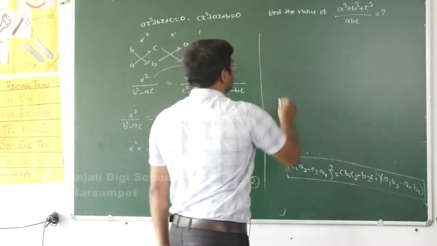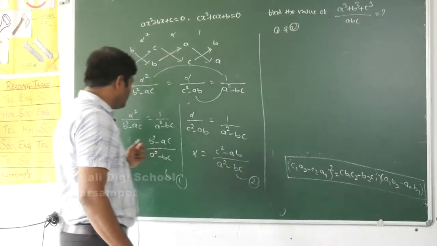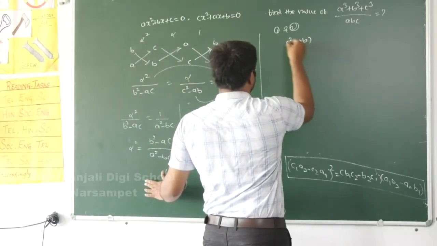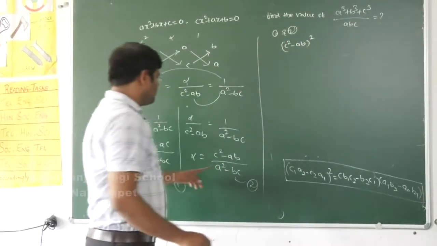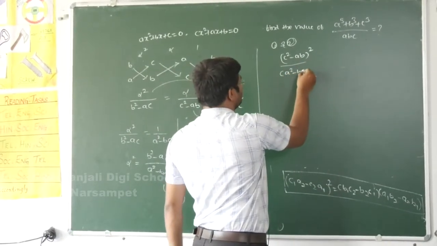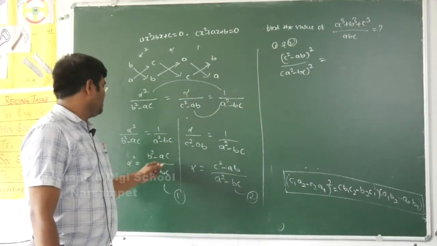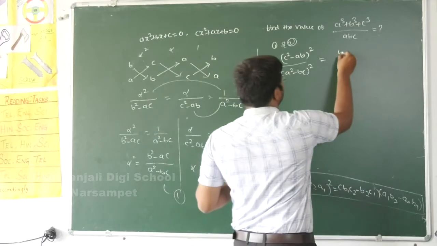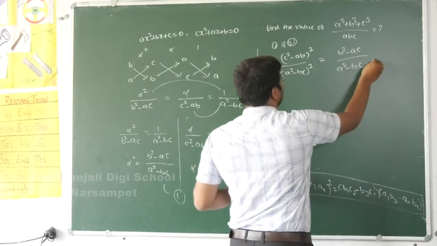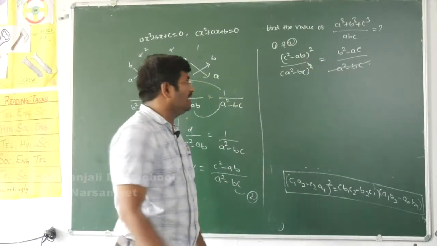From 1 and 2, substitute the alpha value: c square minus ab whole square by a square minus bc whole square is equal to b square minus ac by a square minus bc. Then one a square minus bc cancels.